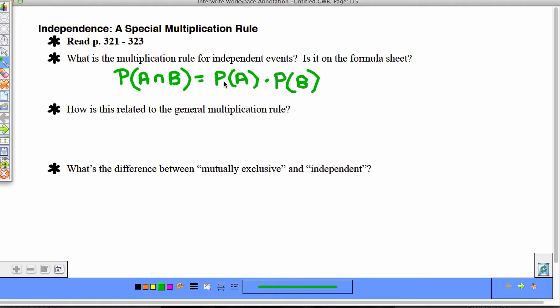This is related to the general multiplication rule, because this is the same thing as the probability of A times the probability of B given A, since if they are independent, then these two are equal.